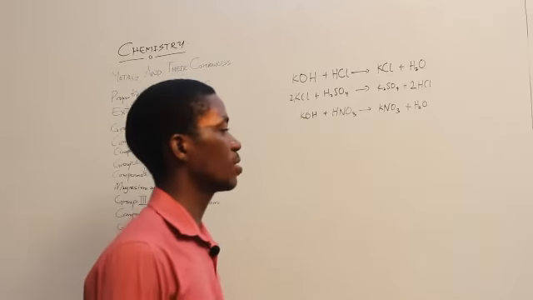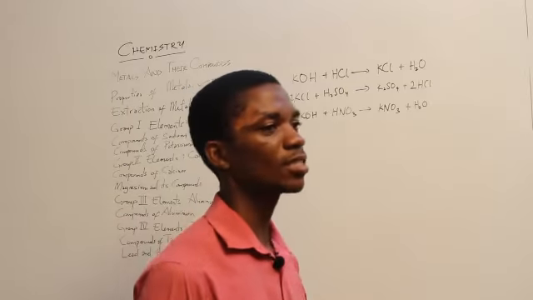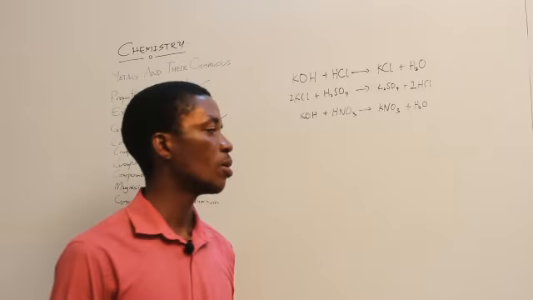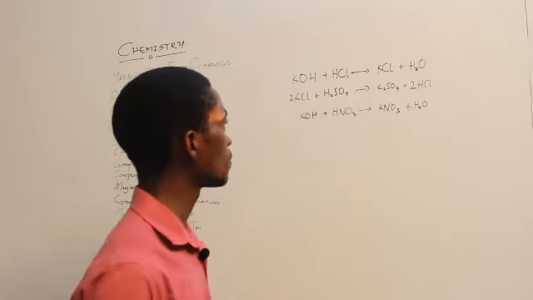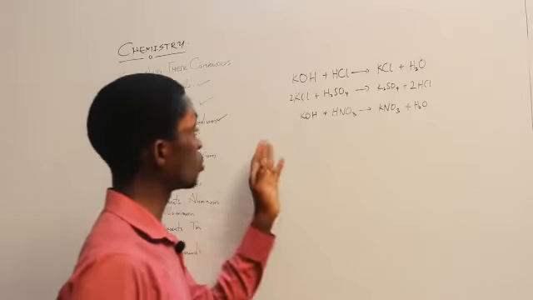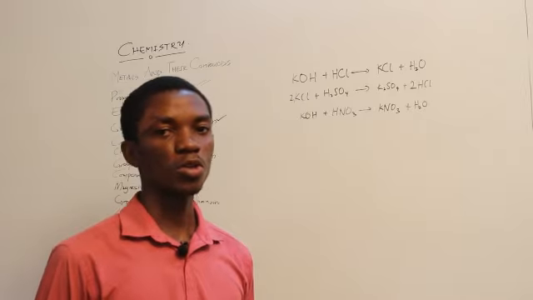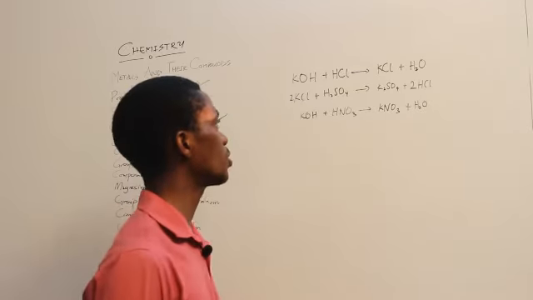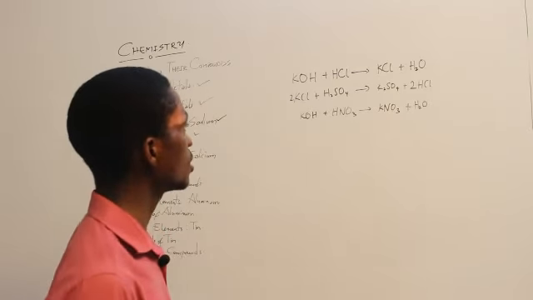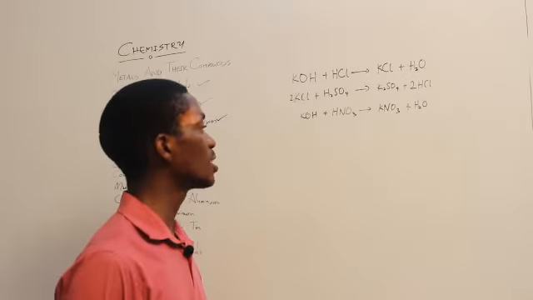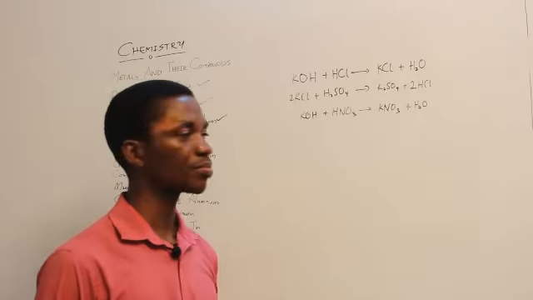Potassium chloride is important for the production of fertilizers, and it is also used in the preparation of many potassium compounds. Also, there is potassium tetraoxosulfate 6. To produce it, you react potassium chloride with tetraoxosulfate 6 acid.